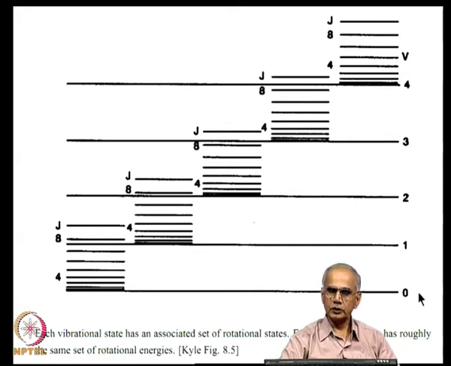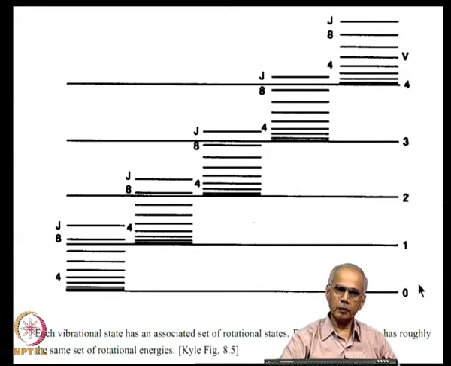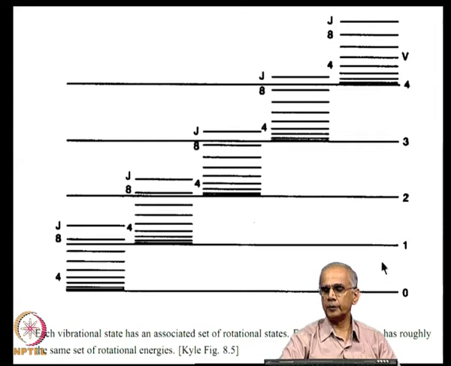Since the amount of energy to induce a transition in vibration is large compared to the energy required to induce a rotational change, a vibrational state transition will inevitably be accompanied by a small change in rotation, because this is a small value, this is a large value.